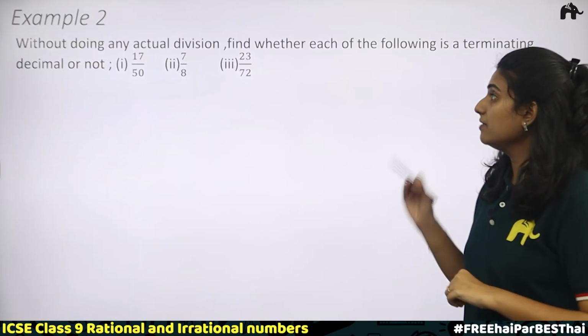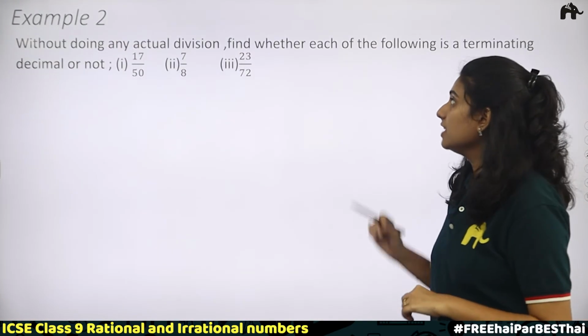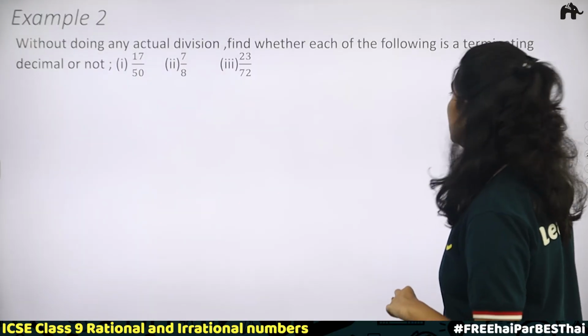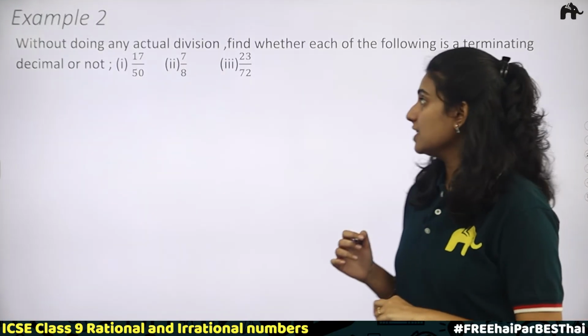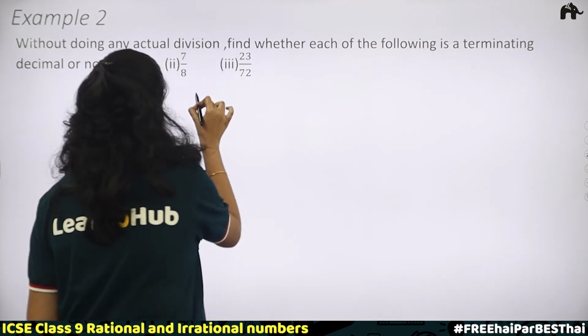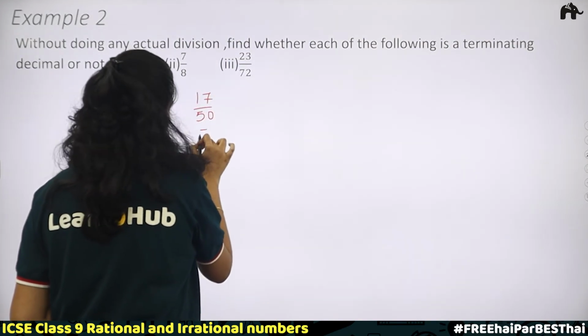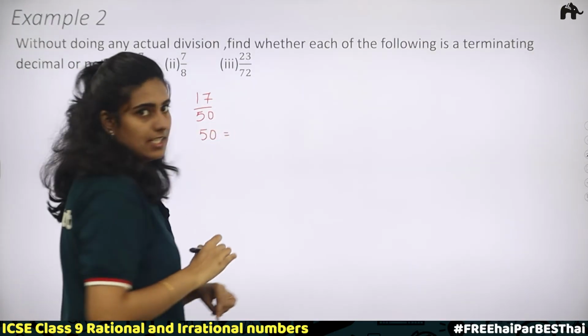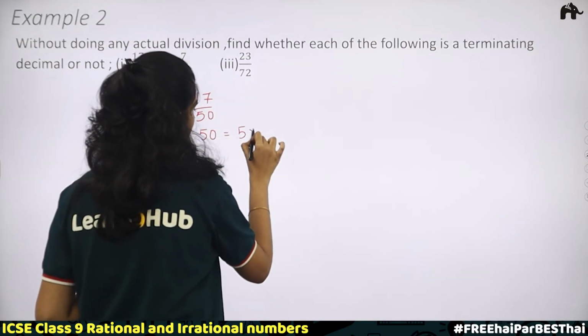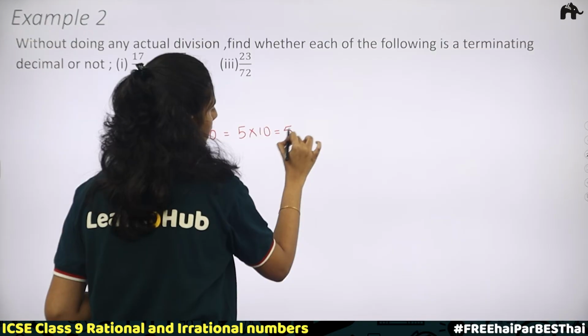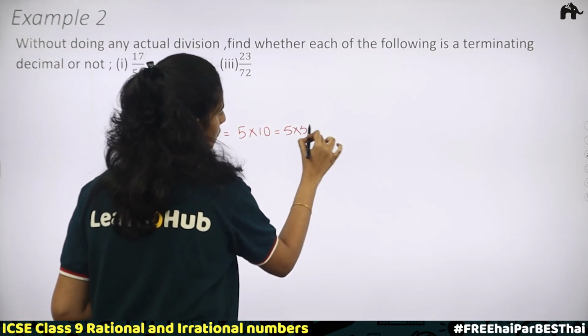Let's take an example. Without doing any actual division, find whether each of the following is a terminating decimal or not. First one, 17 divided by 50. Take the denominator 50. We know 50 is equal to 5 into 10, which is 5 into 5 into 2.